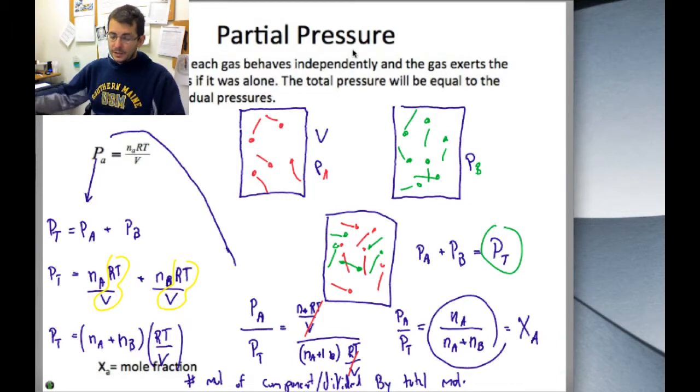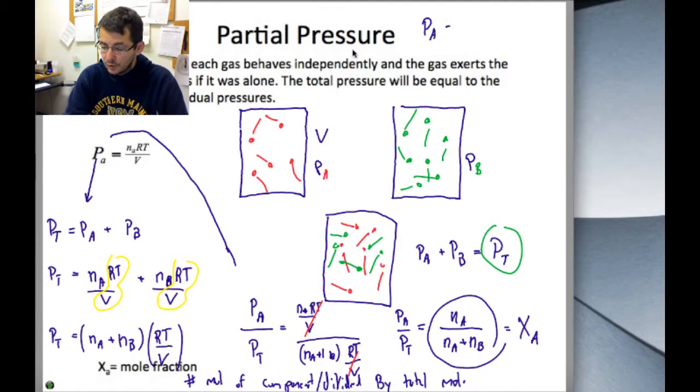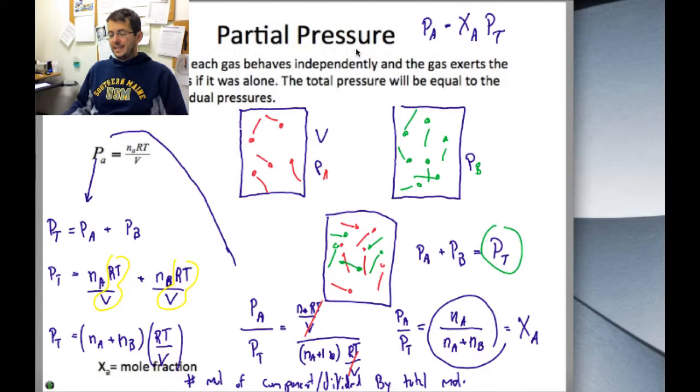Now, what this simplifies to is that the pressure of a given component will equal the mole fraction of that component times the total pressure. Now, a simple way to say that is, in a gas mixture, the pressure of the component is proportional to the amount of material present times the total pressure.